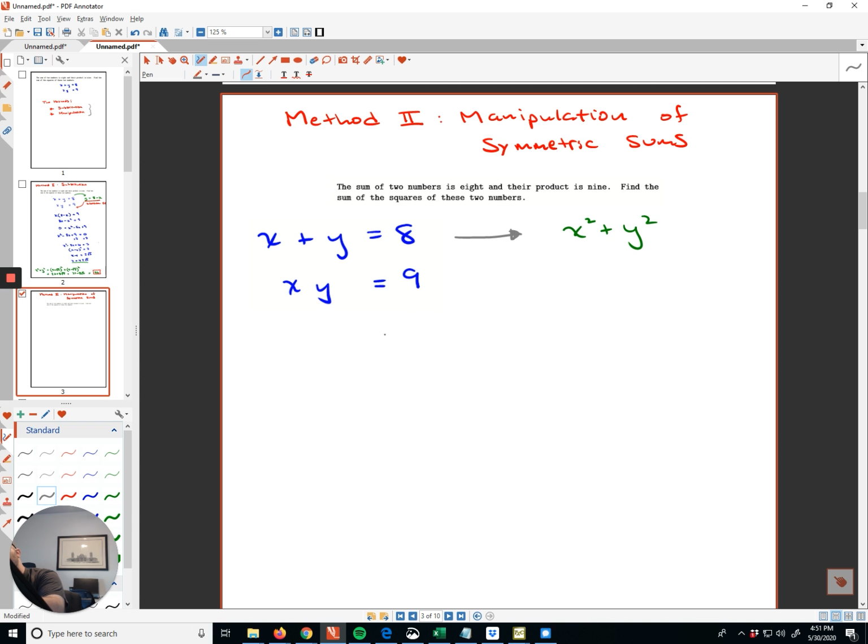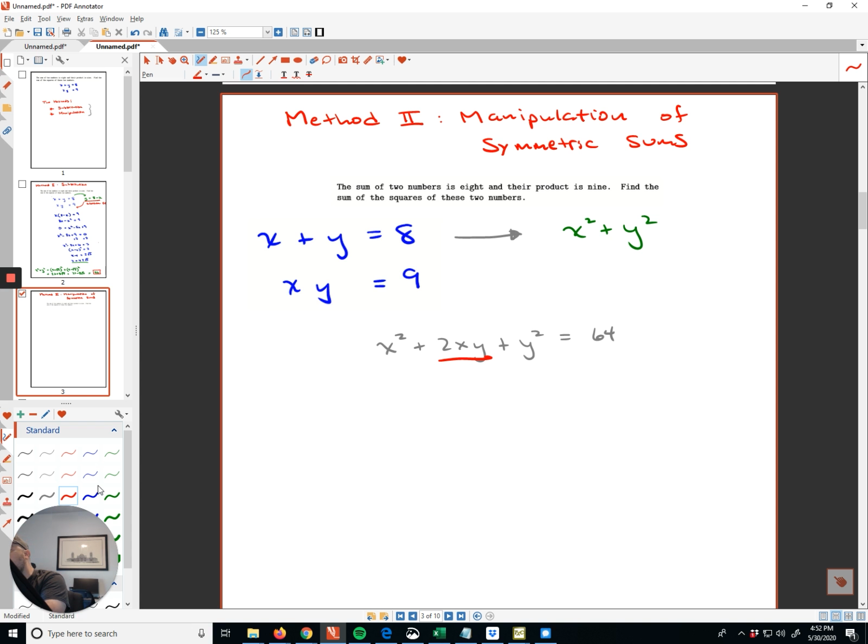Let's see what we get. We square the first equation, we get x squared plus 2xy plus y squared equals 64. Oh, well, great. We have an x squared and a y squared, but we also have something that we don't really want, we don't need, which is 2xy.